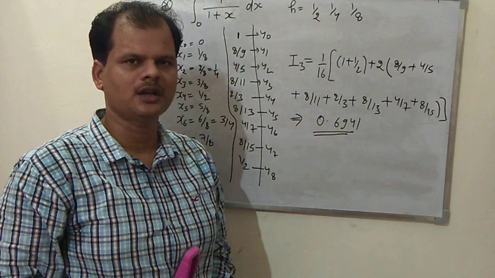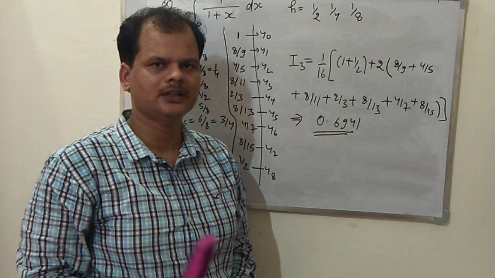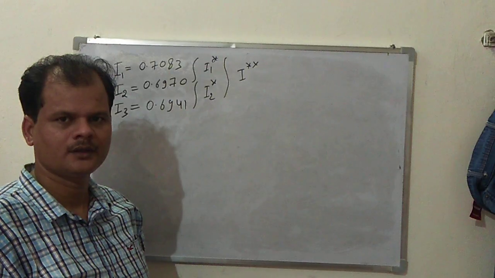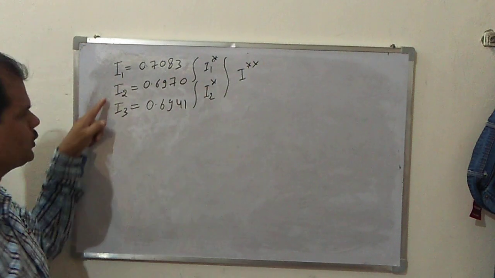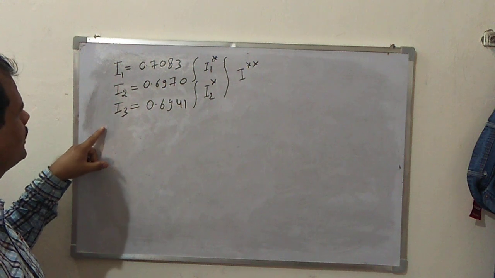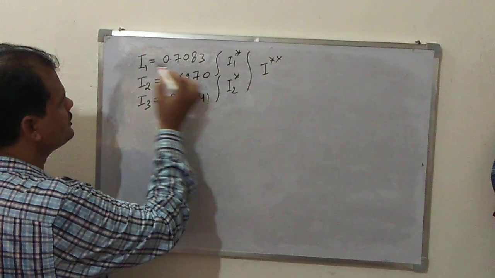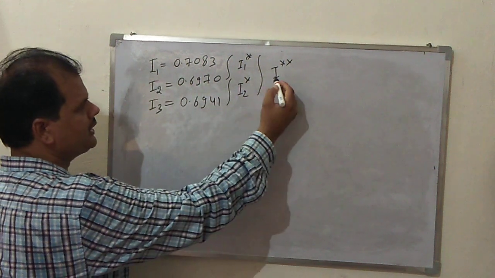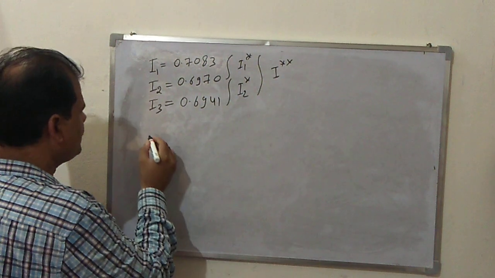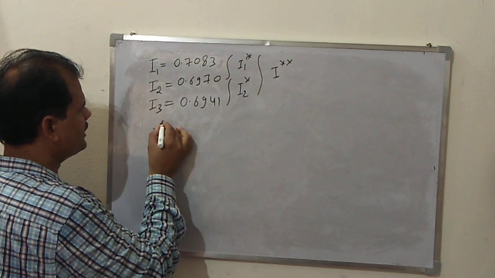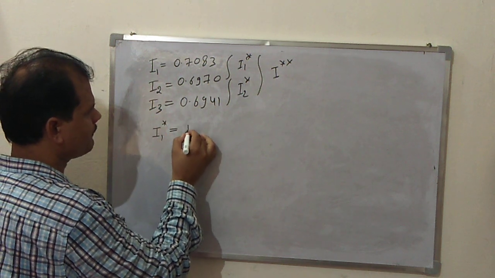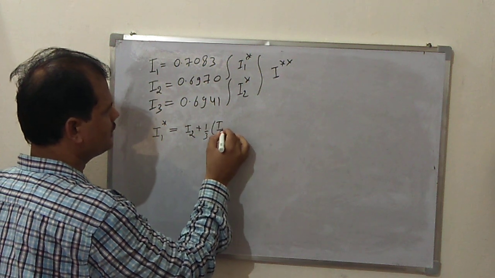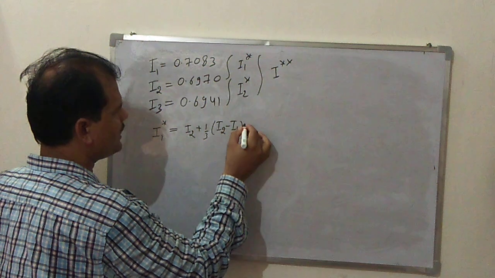Now let us use the Romberg method to get a more accurate solution. We have got I1, I2, I3 using the trapezoidal rule. We'll try to get I1 star using I1 and I2, I2 star using I2 and I3, and finally I double star. The formula of I1 star I have already explained. I1 star will be I2 plus 1 by 3 times (I2 minus I1).